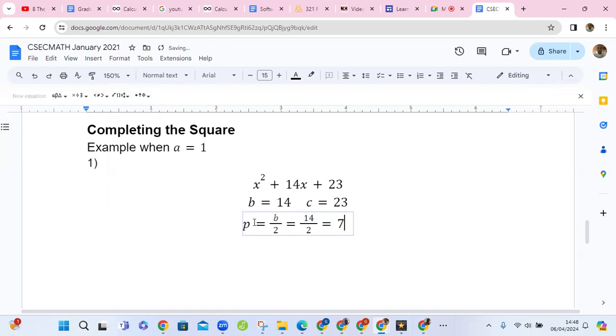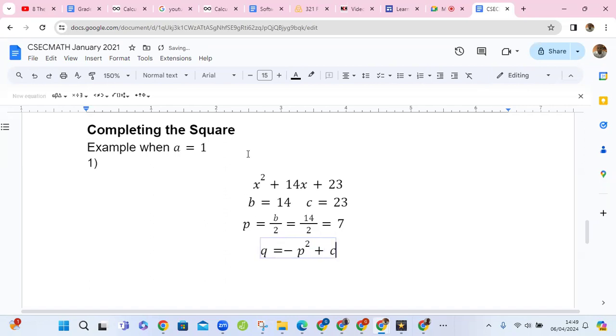All right, now q is equal to minus b over 2 squared, minus p squared. Q is equal to minus p squared plus c.